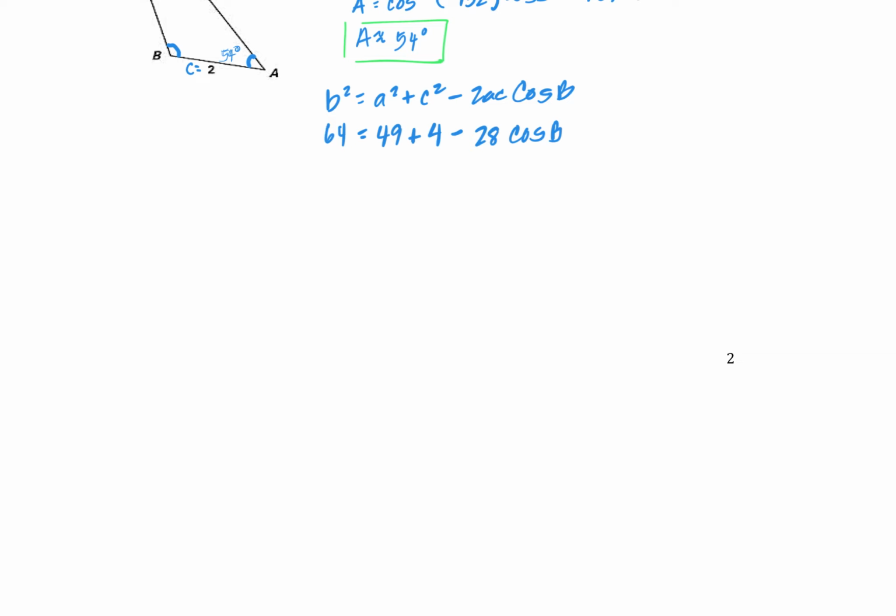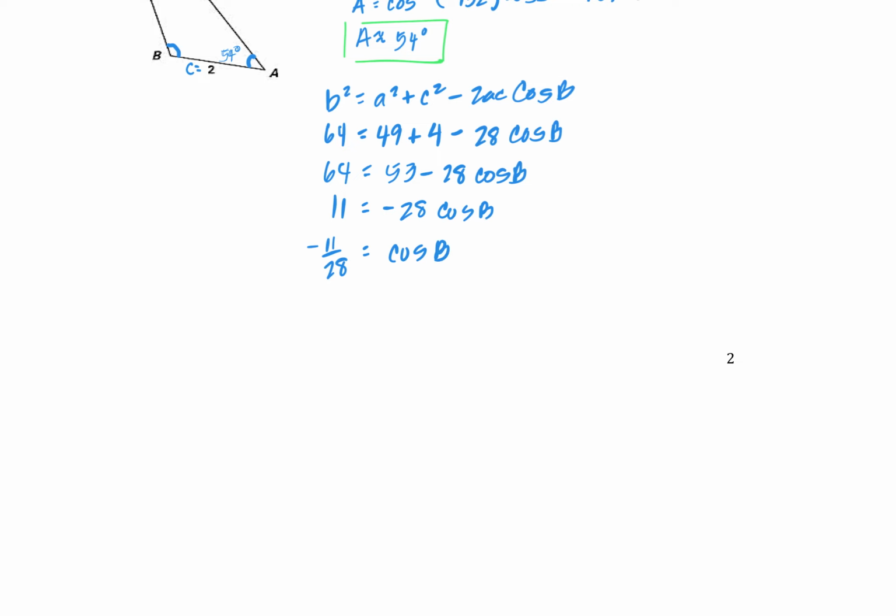Maybe I'll write it out. 64 is equal to 53 minus 28 cosine of B. Subtract 53 from both sides, and then divide by the negative 28 to get cosine of B by itself.